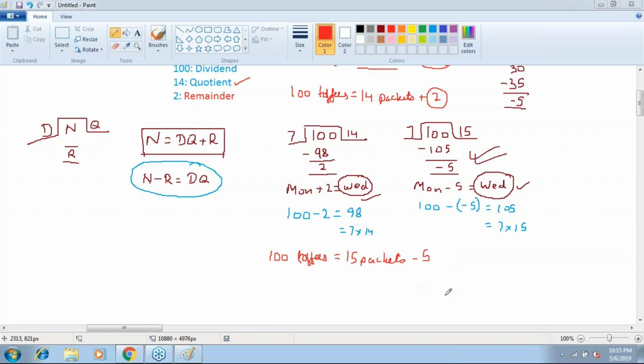You would not understand what happened, where it came from, as you had never seen anything like this. So negative remainder is something that is not officially presented as an answer ever, but always works in every division.